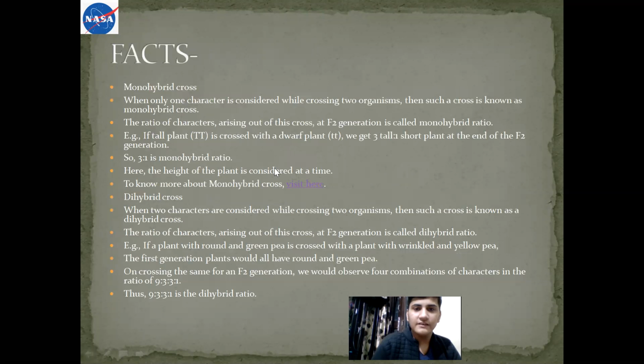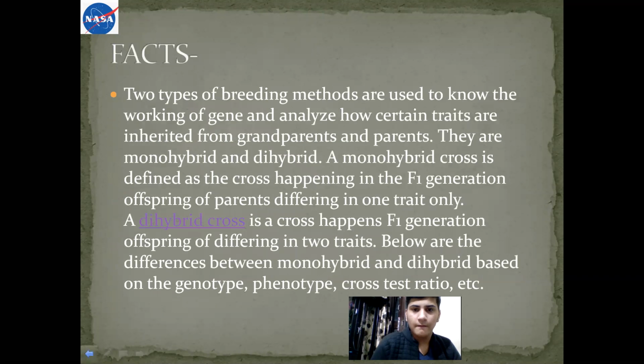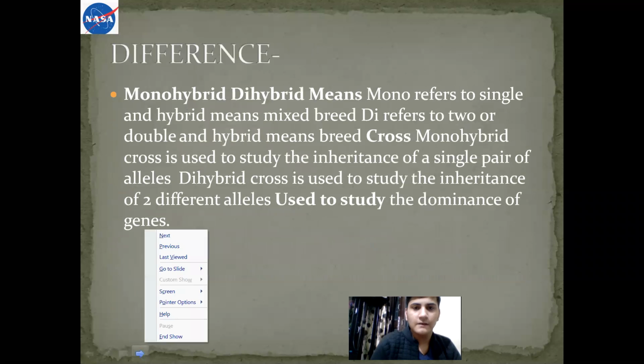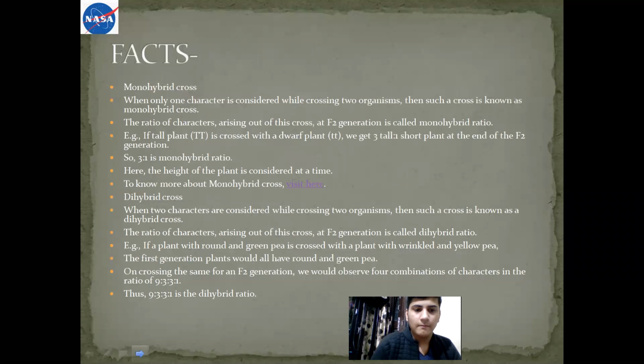Class, here is written about it. 3:1 is the monohybrid ratio. Now this is written, 3 tall and 1 short.